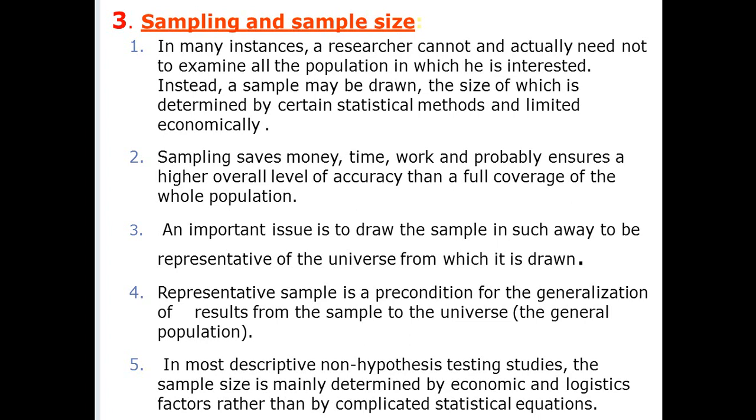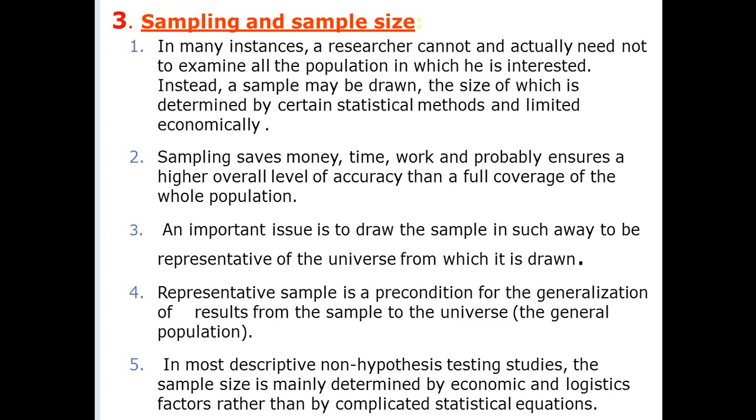In many cases, the researcher cannot, and actually need not, examine all the population in which he is interested. Instead, a sample may be drawn, the size of which is determined by certain statistical methods and limited economically. Sampling saves money, time and work, and probably ensures a higher overall level of accuracy than full coverage of the whole population.